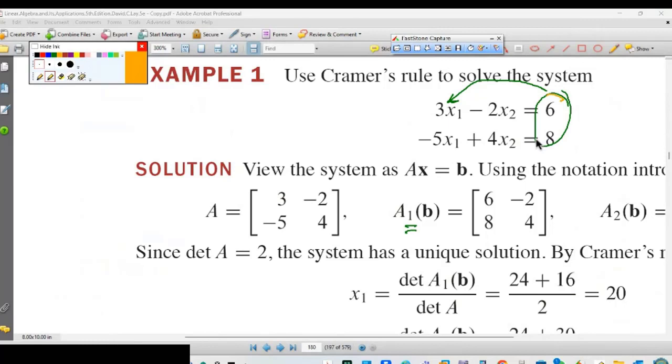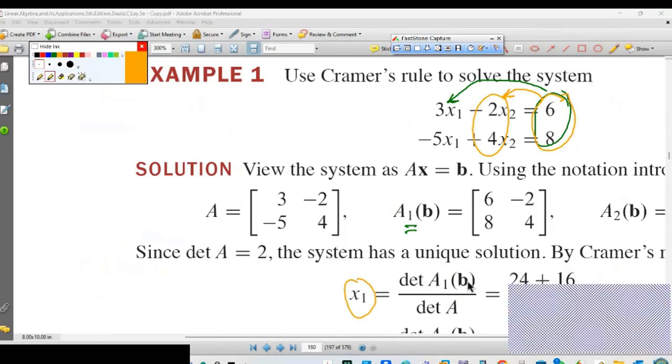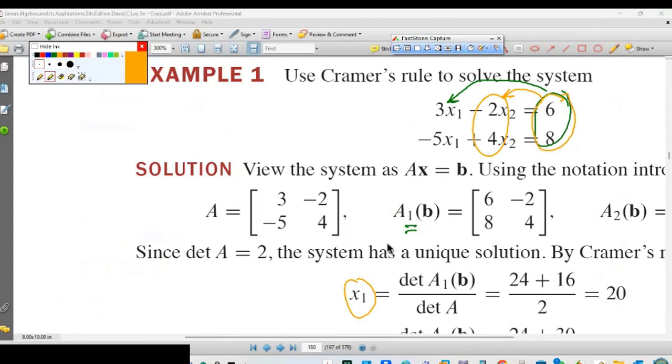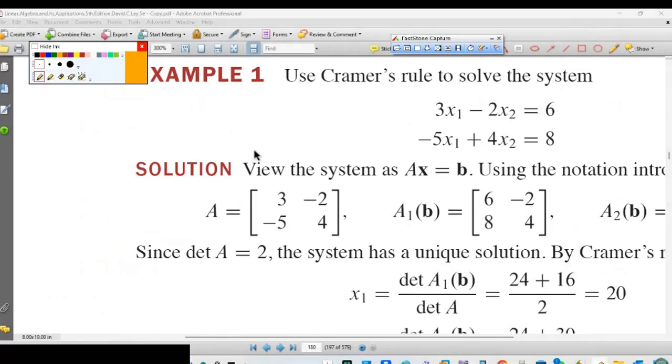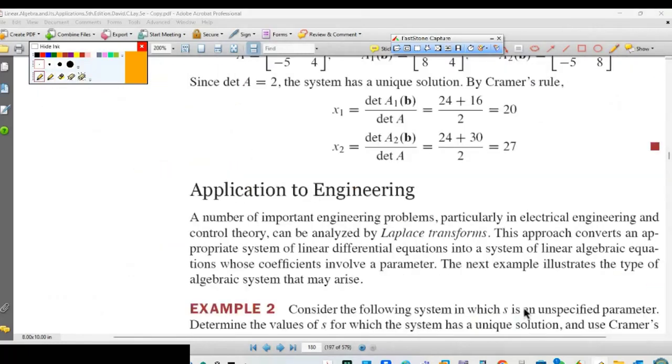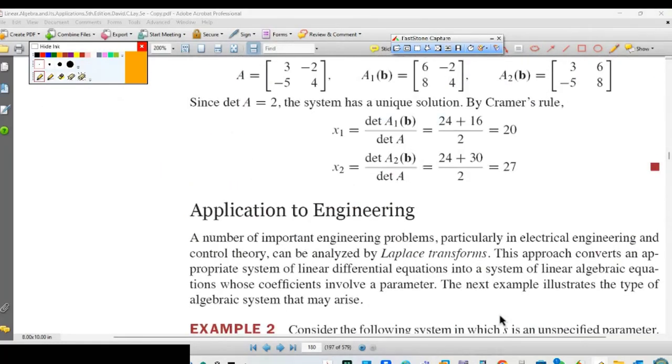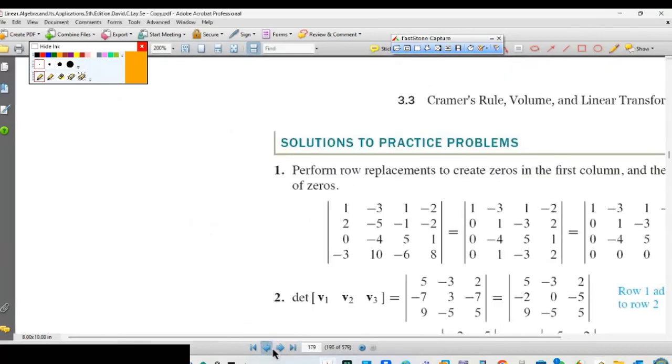For A2, I took them again and I put them here. Then calculate x1, x2. Got it, Hiba? I will write another example about x1, x2, x3. I will make a random one, I need a question we solved before.